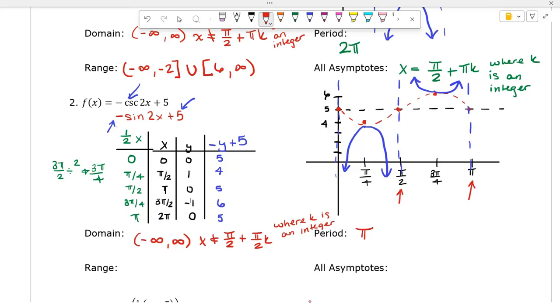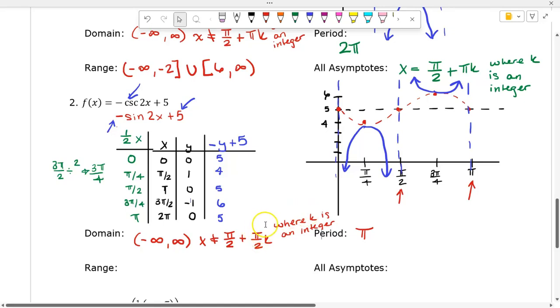The reason for this is because if I look at my graph, going from 0 to pi, I have an asymptote every half of my period. So I start here at the beginning, halfway through, and then at the end of the period, and then it's going to cycle again.